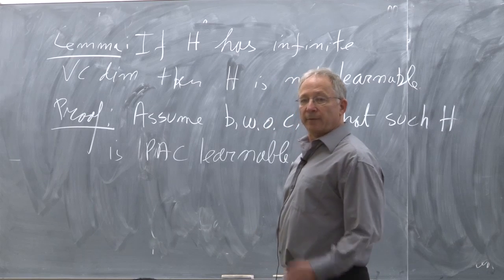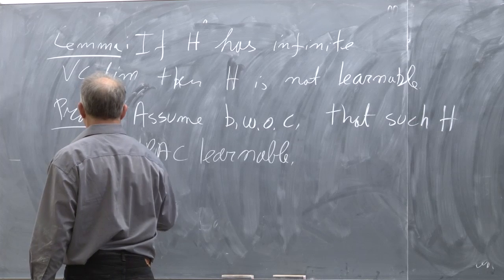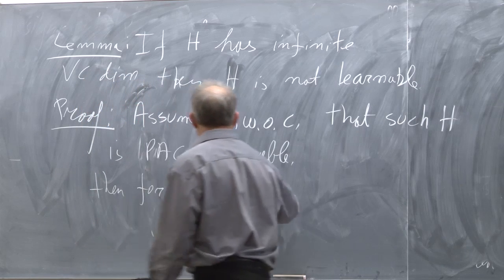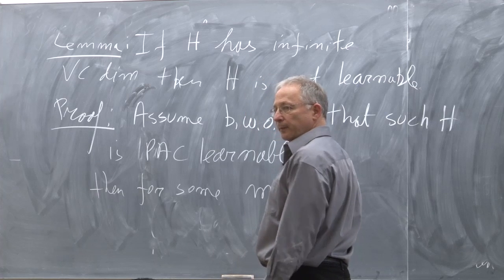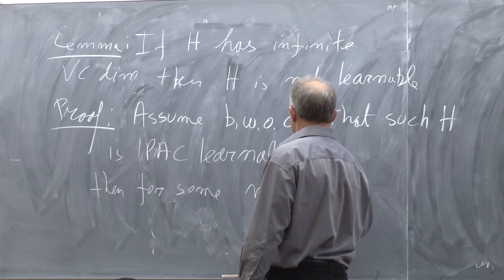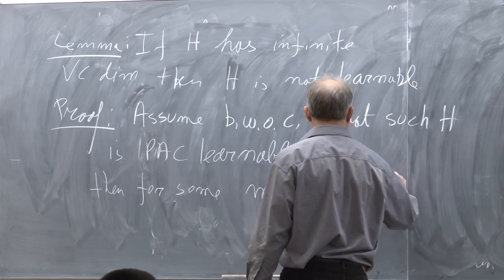Then we have this function, for some function m, you remember just a repeated definition, m_H goes from (0,1) times (0,1) to the natural numbers.